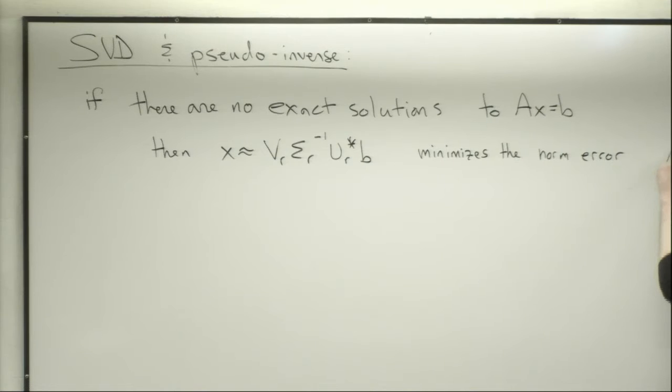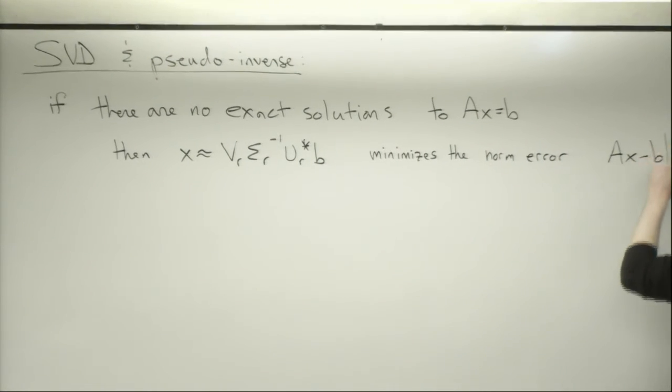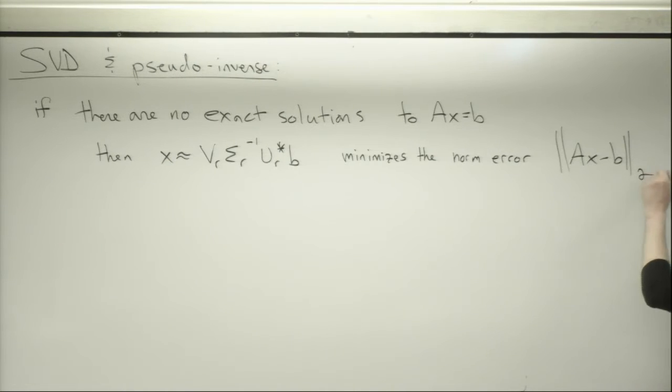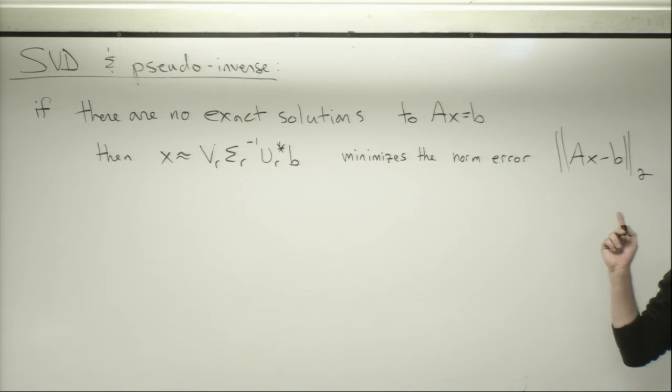So it minimizes AX minus B, which is just a vector of the same length as B. It minimizes the 2 norm of that vector.